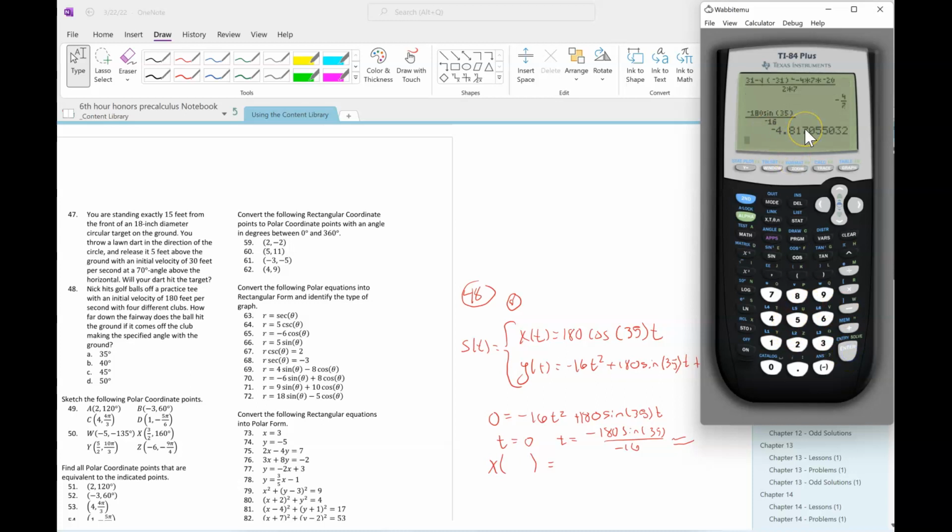That was me having my calculator in radian mode. I was like, that's not right. Try that again. So 6.45 seconds, it's in the air. So 180 times cosine 35 times the answer, 951 feet.